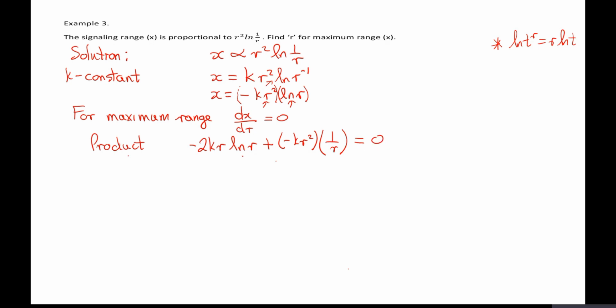Can we simplify? Let's simplify. Minus 2kr ln of r minus kr equal to 0. I'm going to take the k and the r out as a common factor. I get kr times negative 2 ln r minus 1 equal to 0.